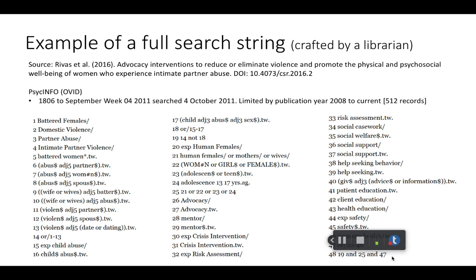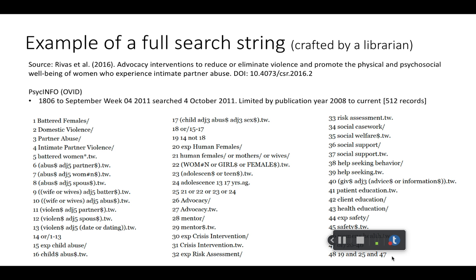So here's an example of a full search string crafted by a librarian for a study by Rivas and her colleagues on advocacy interventions to reduce or eliminate violence and promote the physical and psychosocial well-being of women who experience intimate partner abuse. This is a systematic review of empirical research published in the Campbell Library of Systematic Reviews.